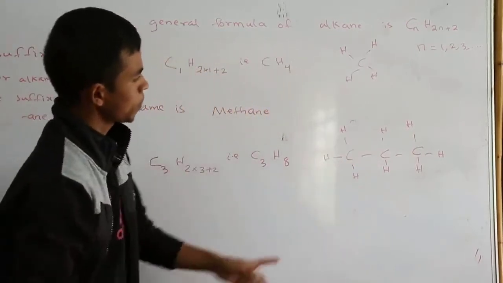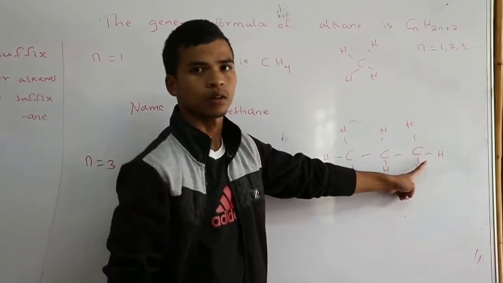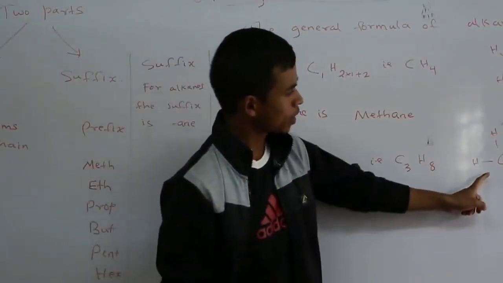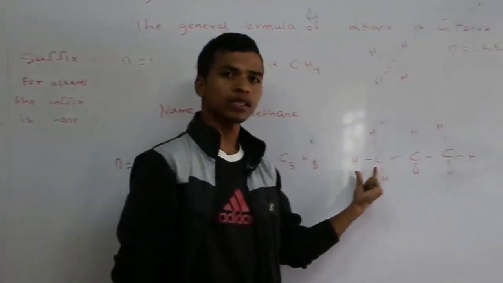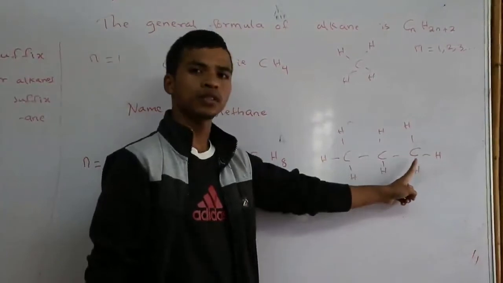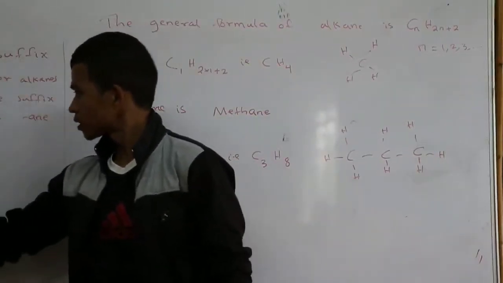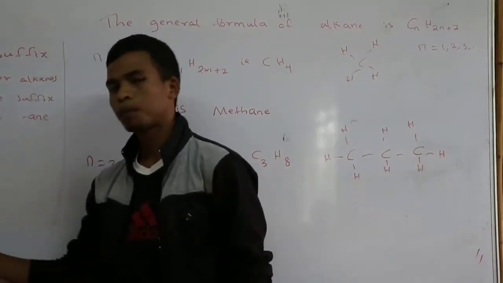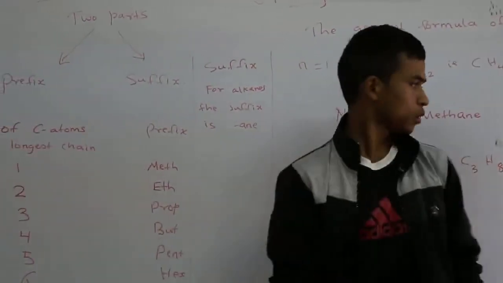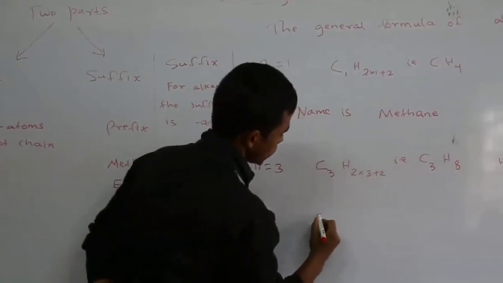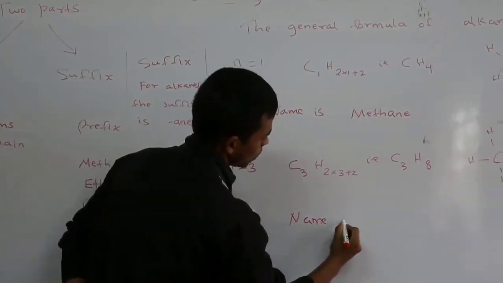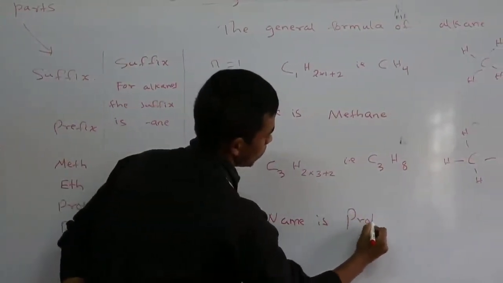This is the longest chain of carbon atoms. If you count the number of carbon atoms in this longest chain, it is 1, 2, 3. So for 3 carbon atoms, the prefix would be prop. So the name of this will start with prop.